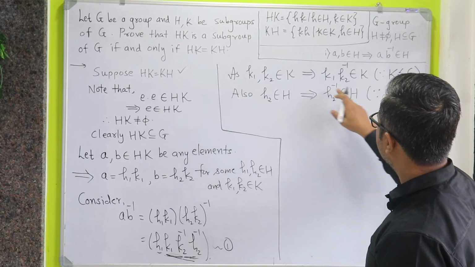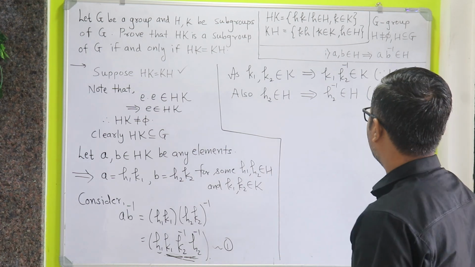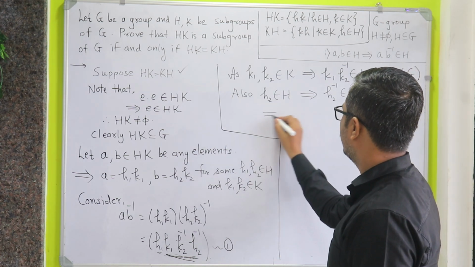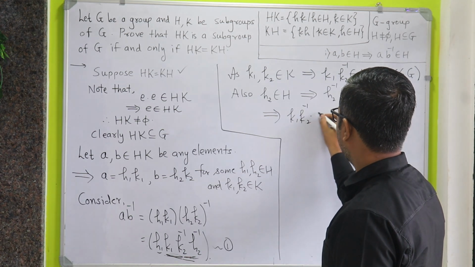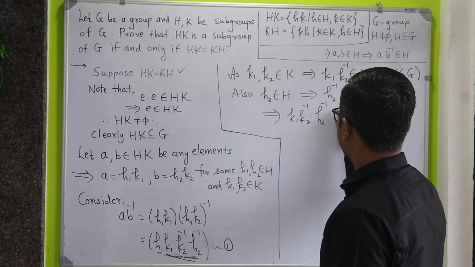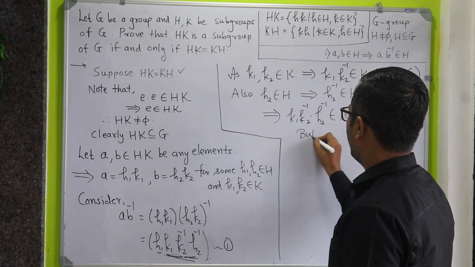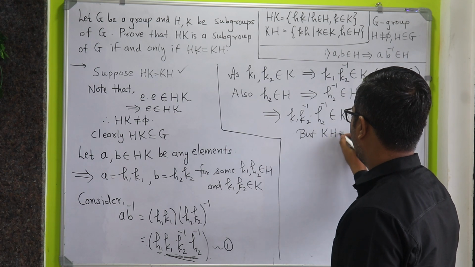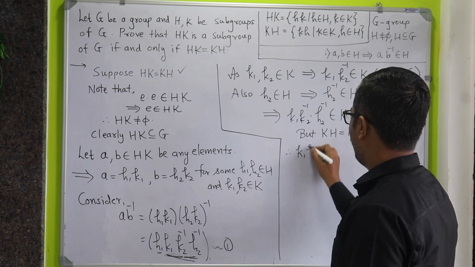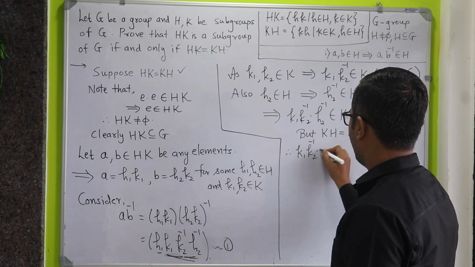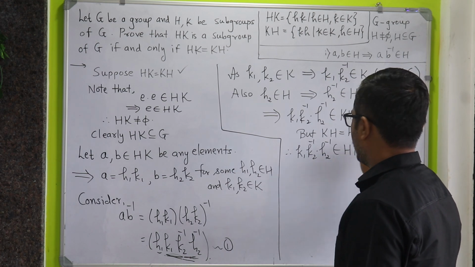So what will happen is K1 K2 inverse multiplied by H2 inverse will now be an element of KH. But our KH is nothing but what? HK. Therefore this element K1 K2 inverse dot H2 inverse is an element of HK.